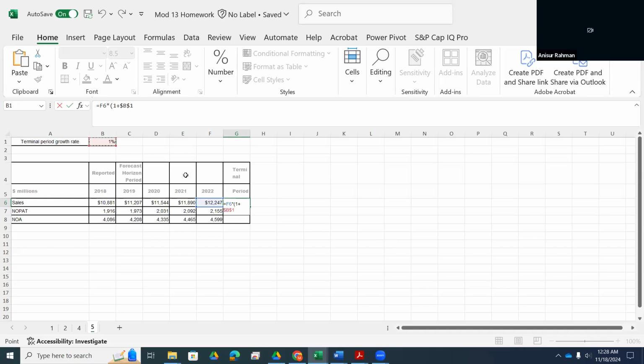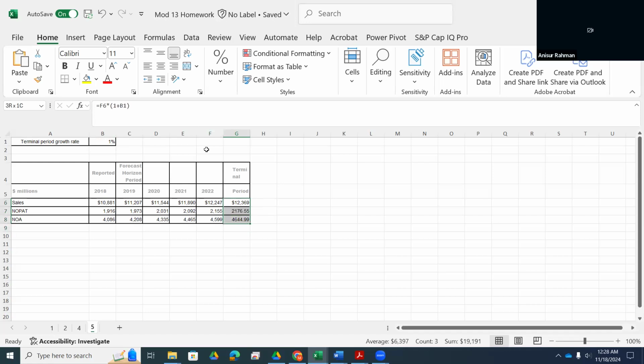I don't have to lock actually. There is nothing to pull across. And then NOPAT times 1 plus the same, and net operating assets 1 plus the same 1%.